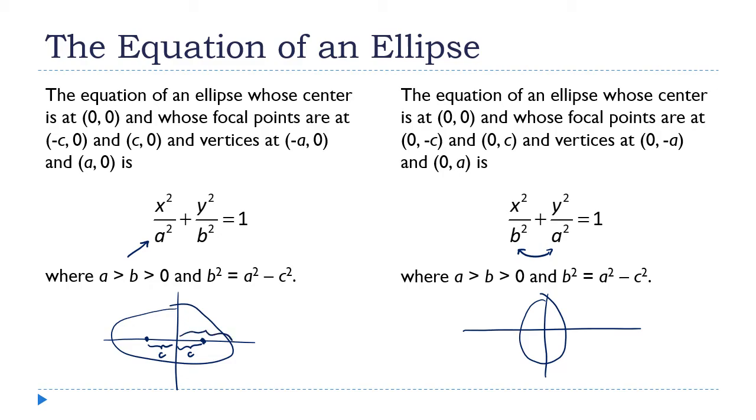The major axis, the long axis, has a length of a. The minor axis, the shorter one, is going to be b. And we have this relationship between a, b, and c.